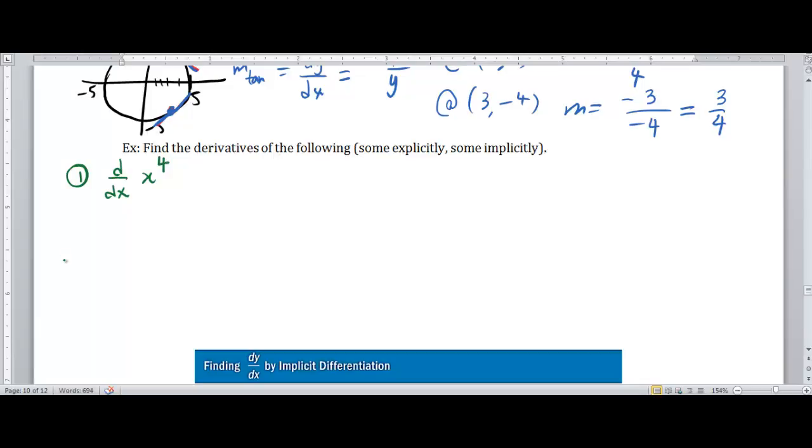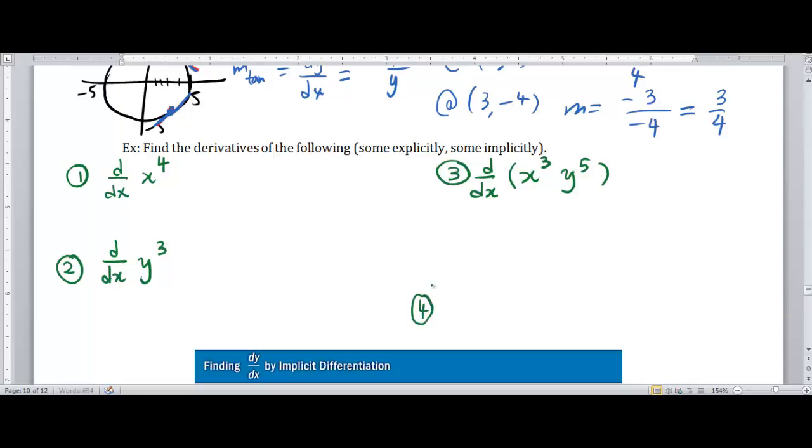The second example is d over dx of y to the 3rd. Okay. Number 3 is d over dx of x cubed y to the 5th. And the fourth one, I'll put that here, is d over dx of the square root of x. Okay.